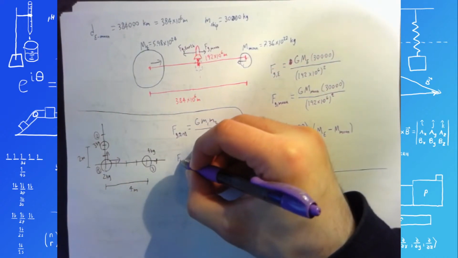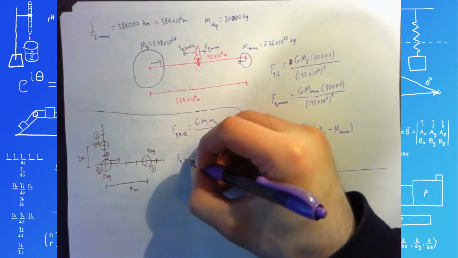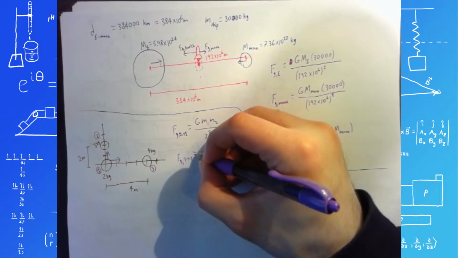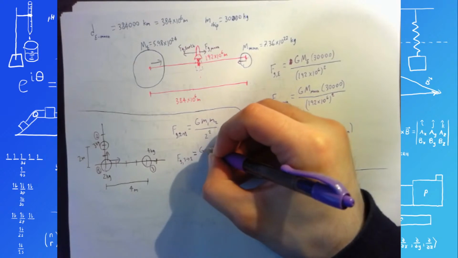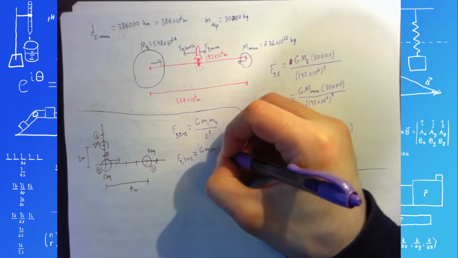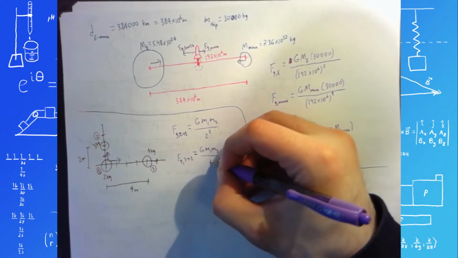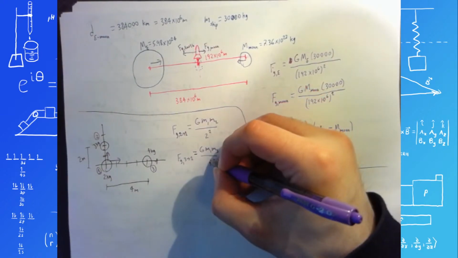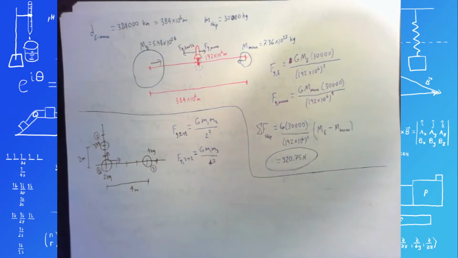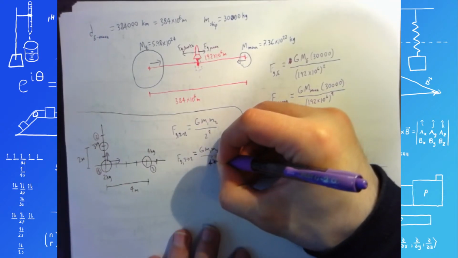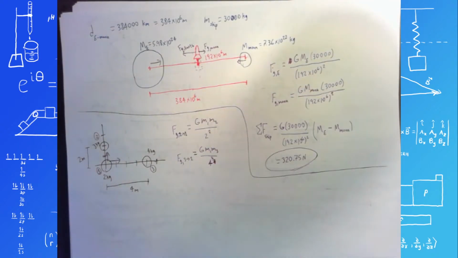And then force of gravity of object 3 on 1 is going to be big G M1 M3 over the distance between them is 4, so over 4 squared. That looks like a 42 rather than a square. There, that looks a little bit better. Let's go ahead and calculate.